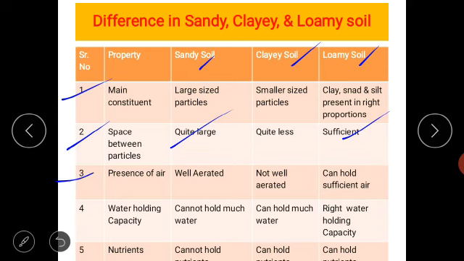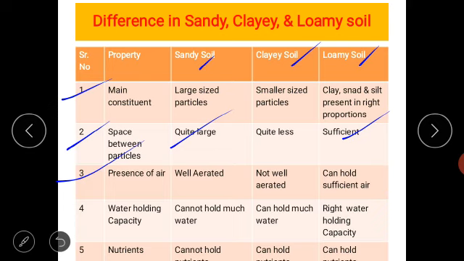The third property is presence of air. Sandy soil is well aerated because there is a lot of space between the particles. Clay soil is not well aerated because it has very minute space between two particles.